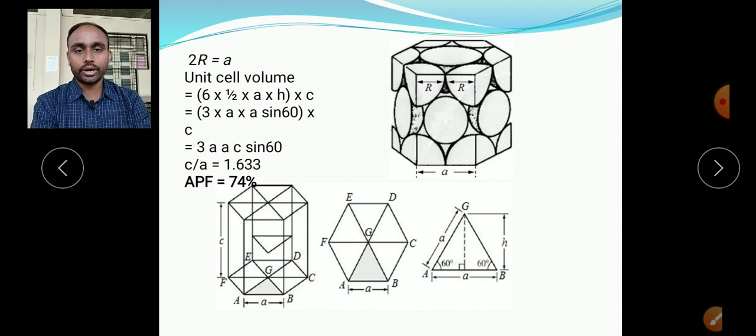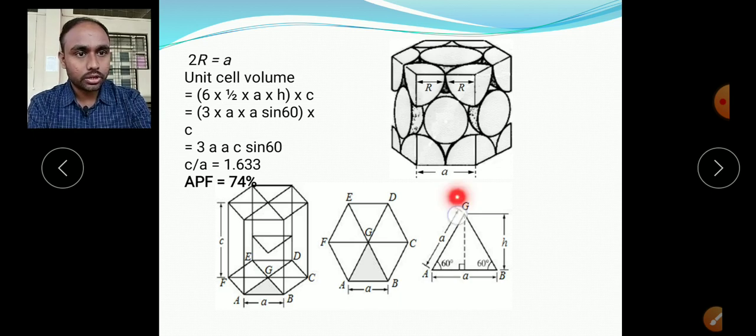So to find the area of the triangle, we must know the height of the triangle. So this one dotted line G, a perpendicular drawn from the point G at the top of the triangle, we call it H. Now this is H, right, and this side is A, okay.